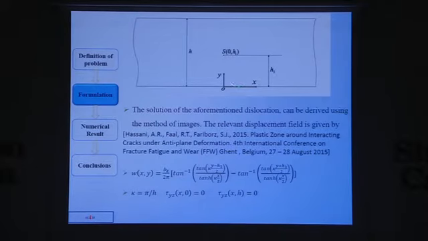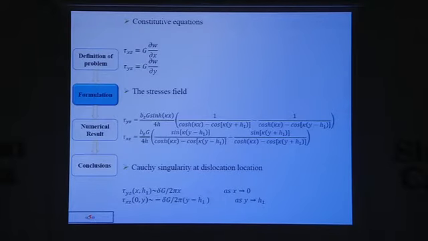These edges are stress-free, and it's easy to see this solution satisfies this condition. Also, it is easy to show that the stress components have a Cauchy singularity at the dislocation location.